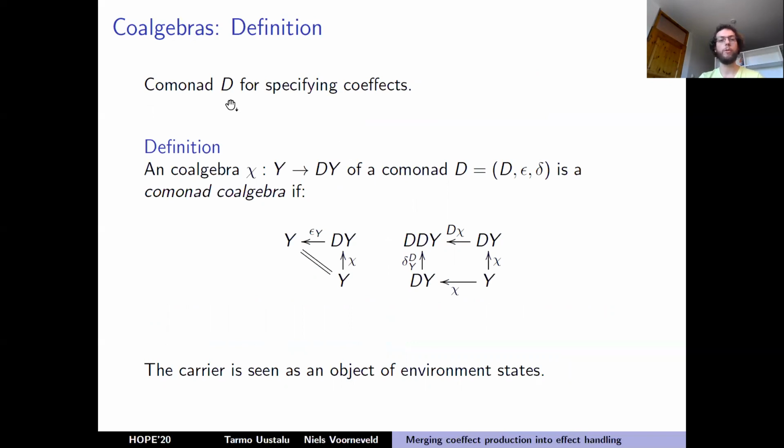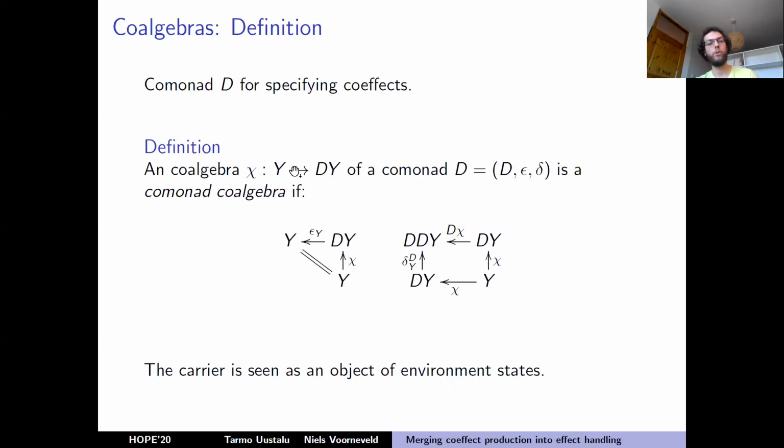And so in general, we would look at a co-monad, which specifies which coeffects may occur. And what we do is then use a coalgebra to extract from an environment state the coeffects, how it will respond to different queries.